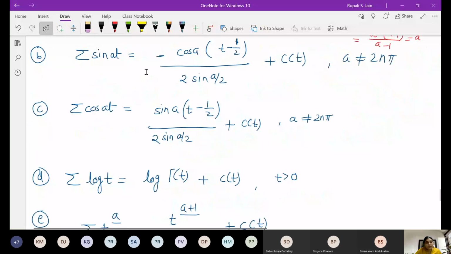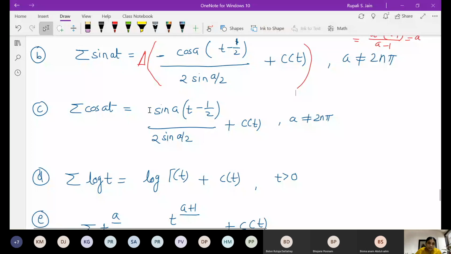Now similarly, I want to show summation sin at is nothing but this one. If I operate delta on this side, then I will get sin at. We have already calculated this, or you can try once again.